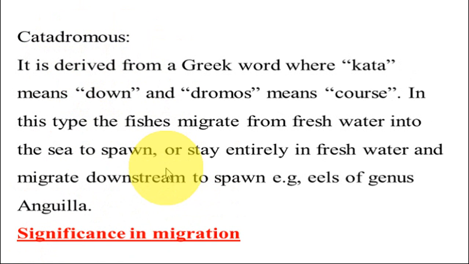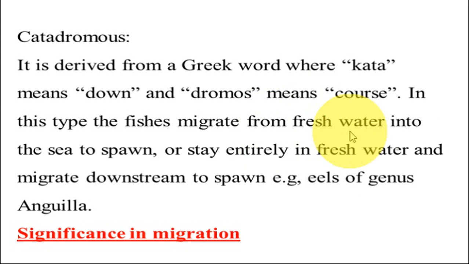And catadromous is derived from the Greek word kata meaning down and dromos meaning course. In this type, the species migrates from the fresh water into the sea to spawn, or stays entirely in fresh water and migrates downstream to spawn.